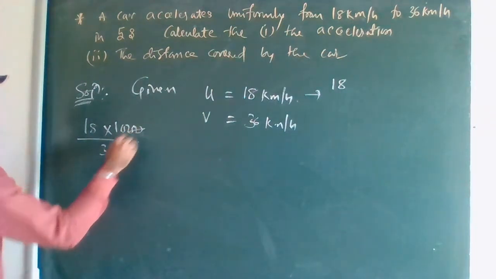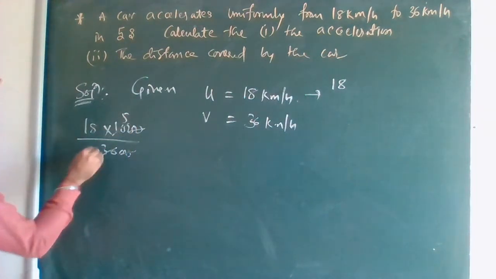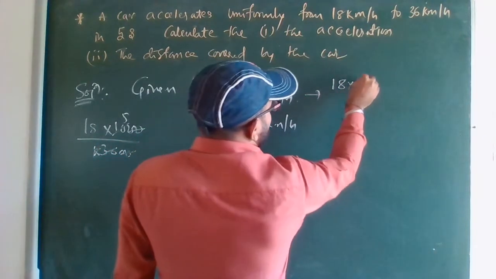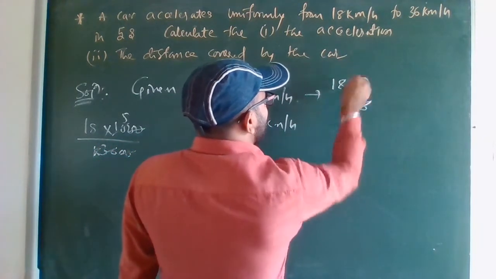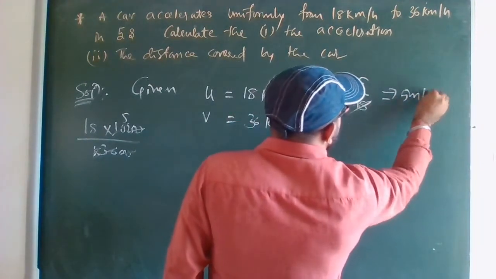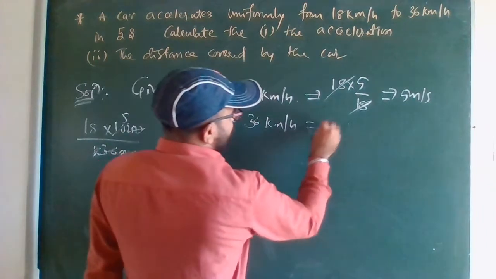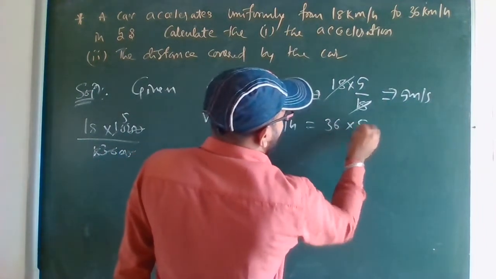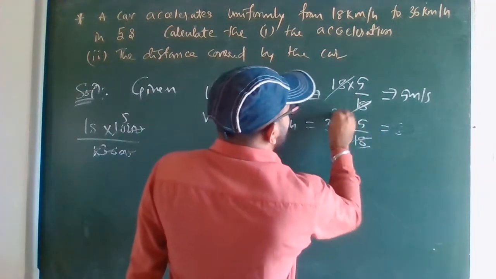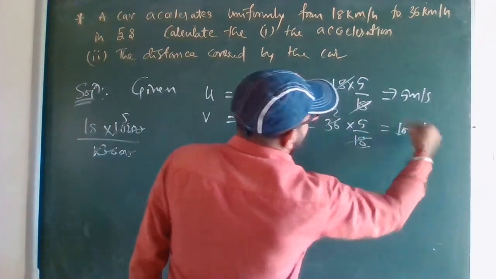So 2 5s are 10, 2 18s are 36. So you have to multiply the given thing with 5 by 18. So 18 into 5 by 18, both 18 cancel. That will give me 5 meter per second. Same thing here, 36 into 5 by 18, 18 twos are 36, so 10 meter per second.